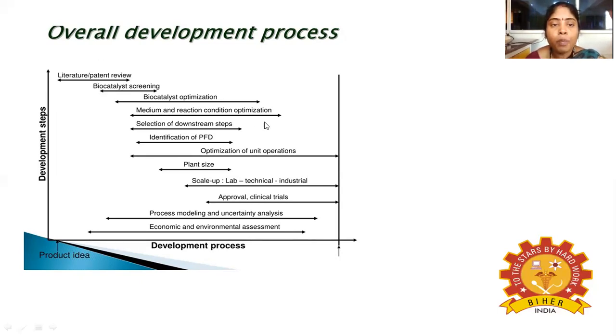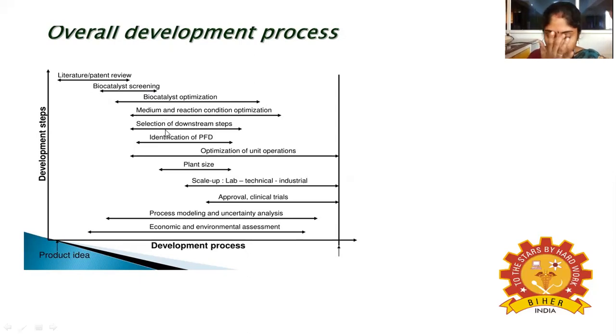Then we need to optimize the media and the reaction conditions, which means the media, in the sense of the input or raw materials we are going to give, and whether the reaction is being carried out at an optimum temperature, pressure and oxygen level. Everything has to be considered prior to starting the process design for the product formation.